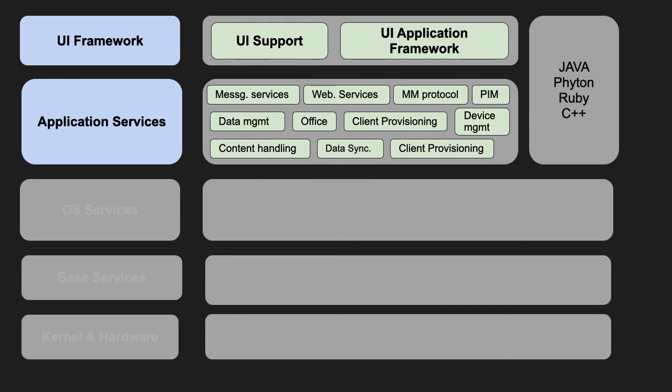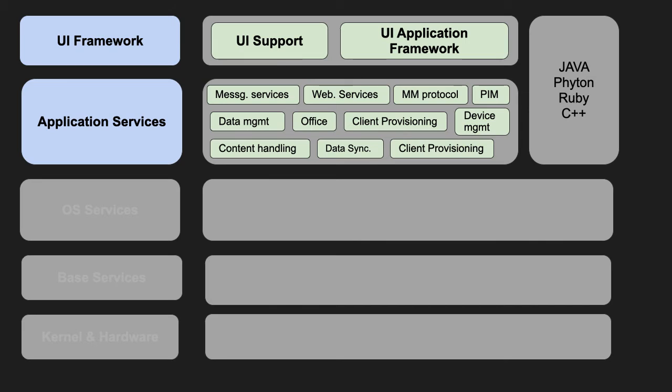Now we're going to the second layer, the application layer. The application layer provides support for independent applications of the user interface running on top of Symbian OS.